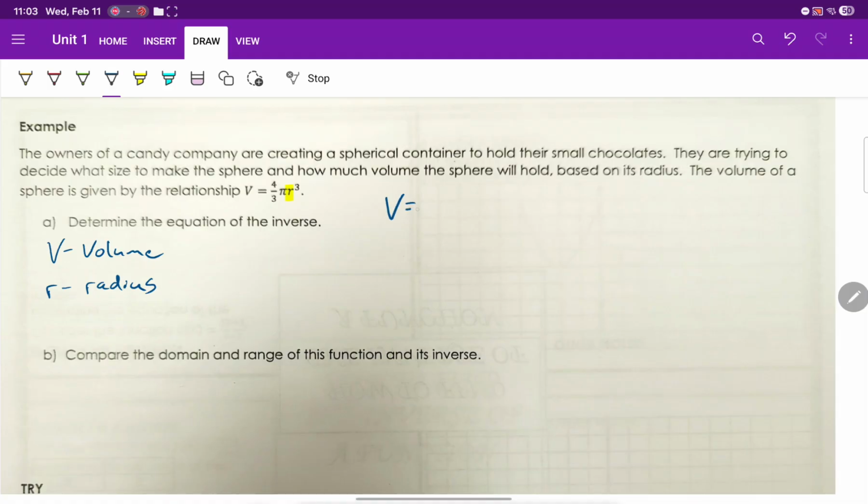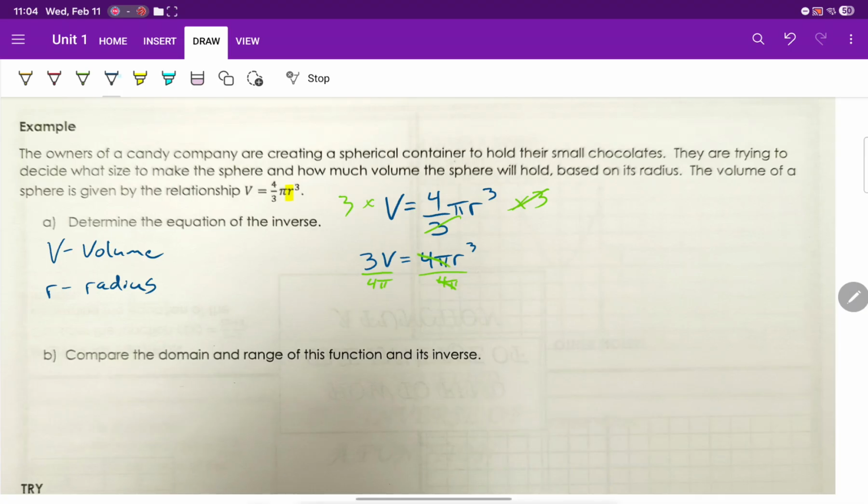So we have V equals 4 over 3 pi r cubed. The first thing I'm going to do is multiply both sides by 3. That's going to get rid of my 3 in the denominator. So I have 3V equals 4 pi r cubed. I'm next going to divide by 4 pi.